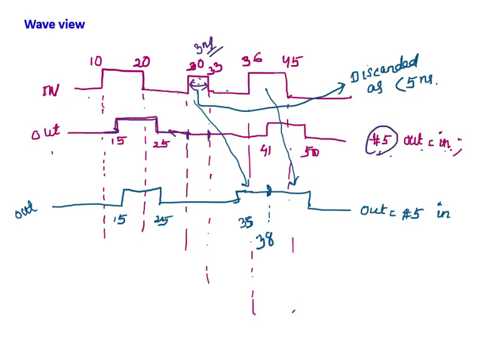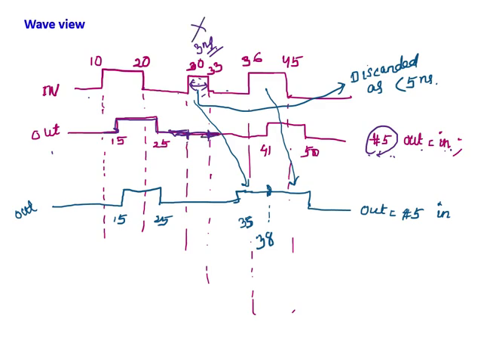So 3 nanosecond is less than 5 nanosecond, this delay won't be considered, and the previous data will remain. The previous value was 0, so 0 will continue.